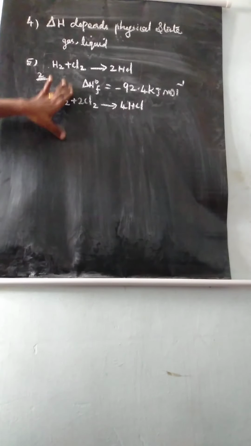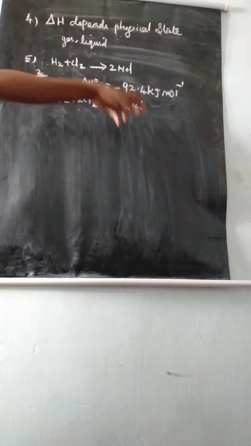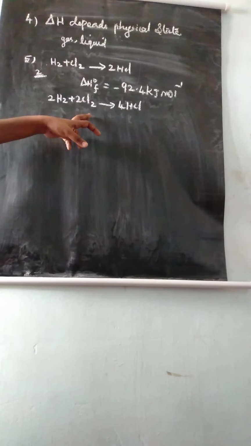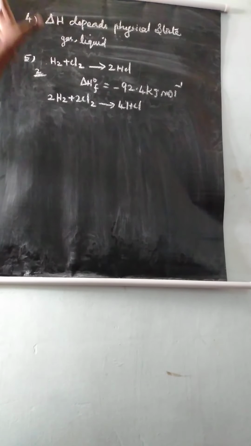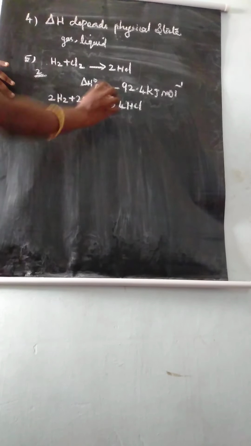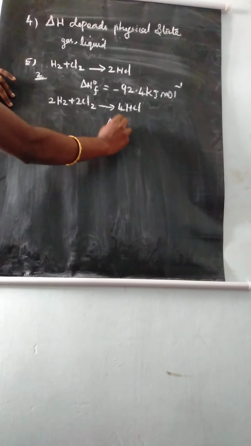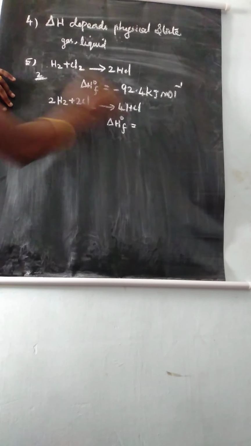When the thermochemical equation is multiplied throughout by a number, the delta H value, the enthalpy change, is also multiplied by the same number. You must multiply the delta H naught F value also by the same number.